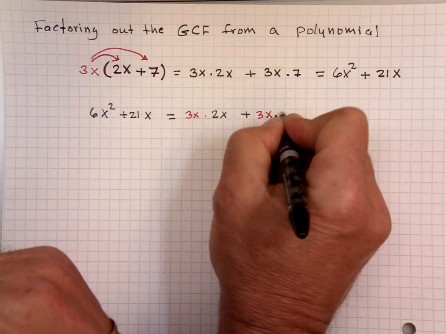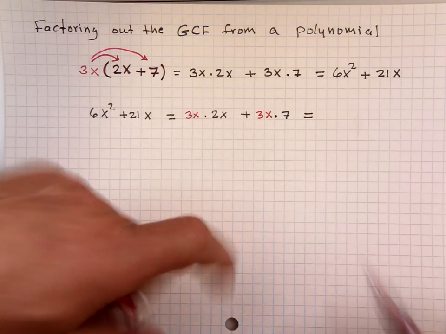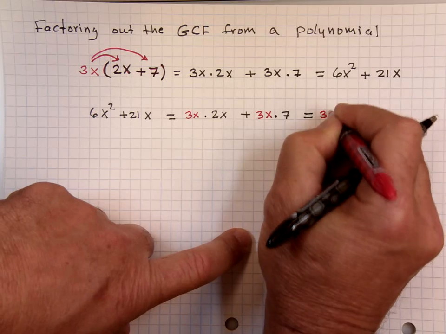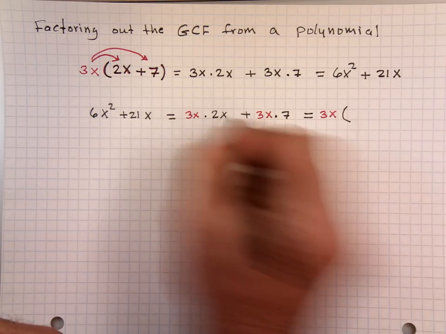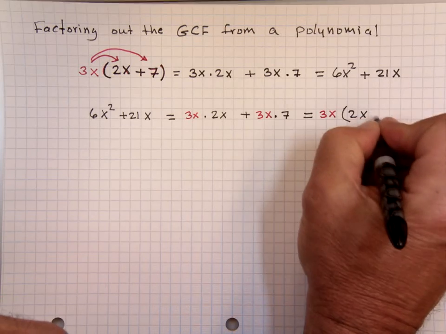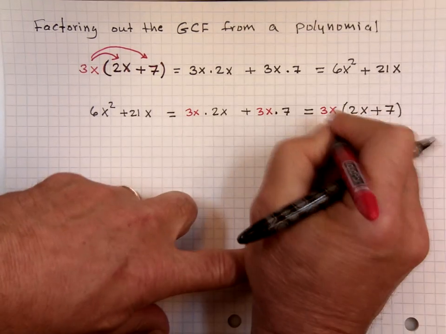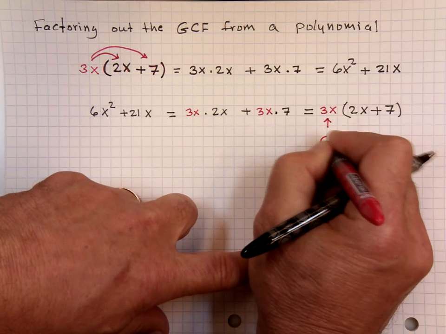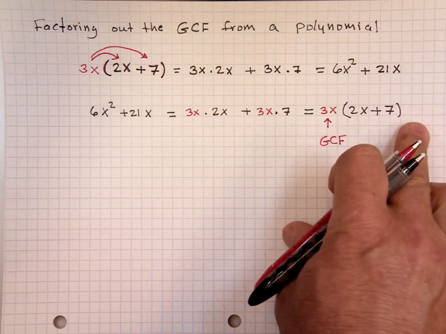And notice since 3x is common to both of them, we take that outside and ask what's left in each one. What's left is the 2x plus what's left in this is the 7. And this is factoring out my greatest common factor. Notice it is a factor because you're multiplying, and that's the largest thing they have in common.